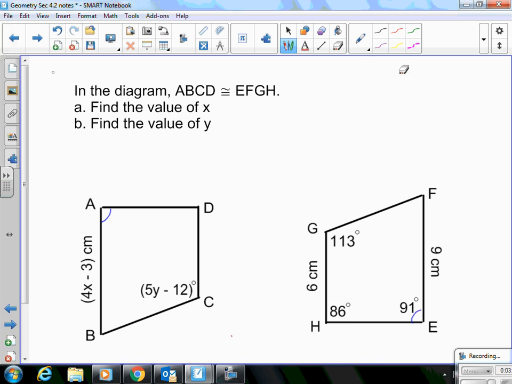And then B and F are going to match up with each other. C and G go together. And D and H then would match up.